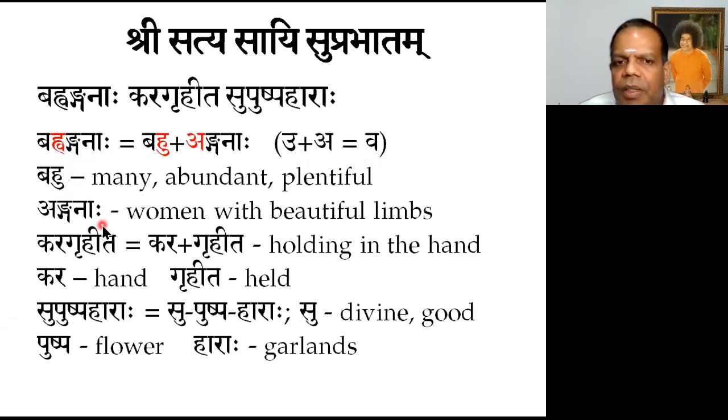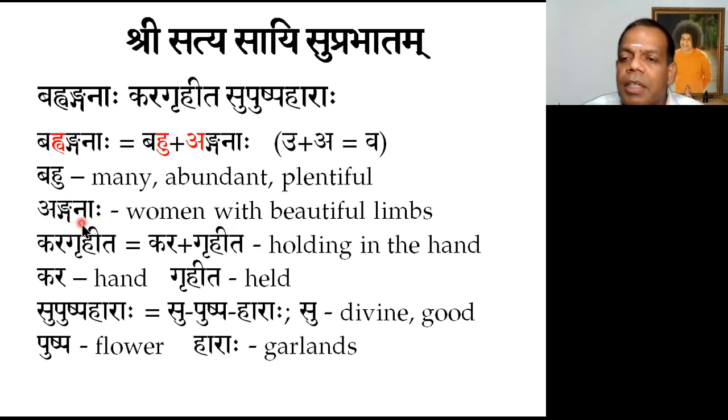Angana means women with beautiful lips. The word women comes because Angana is a feminine word. Na, with a long Akara. Angana means, Anga is actually limbs. Angana means beautiful limbs.